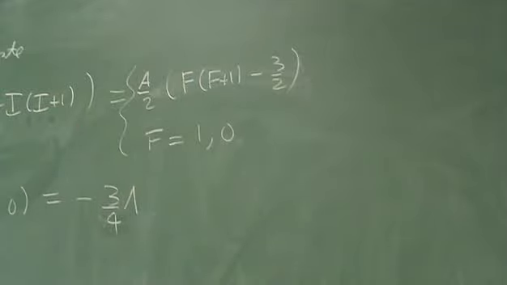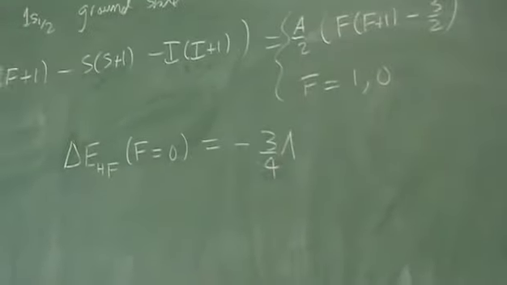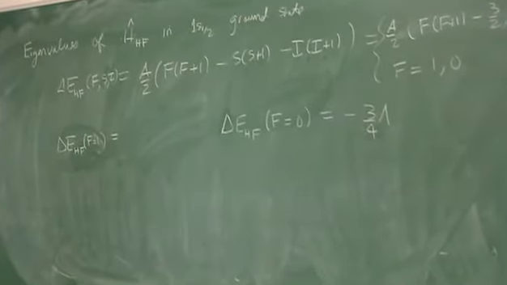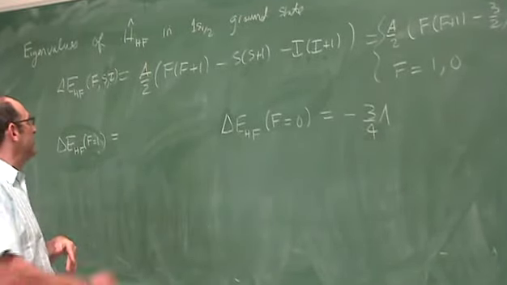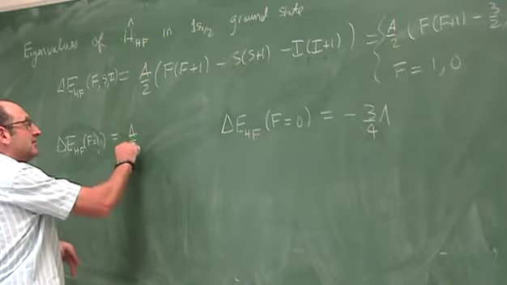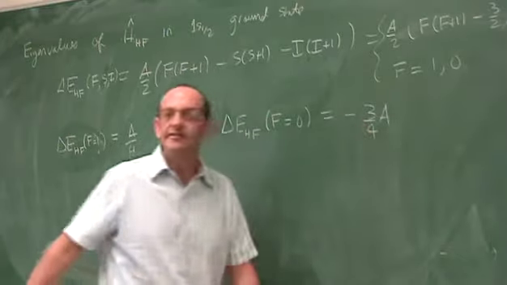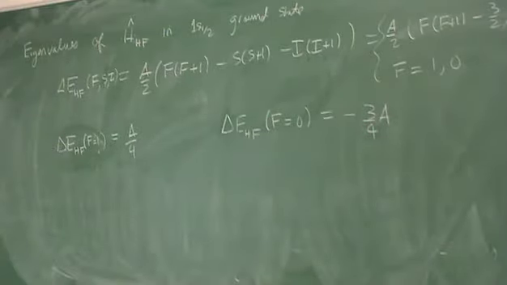Okay, so then we get, for F equals 1, 4/2 minus 3/2, 1/2, so it's A over 4, and for F equals 0, minus 3/4 A. That's good. That looks familiar.